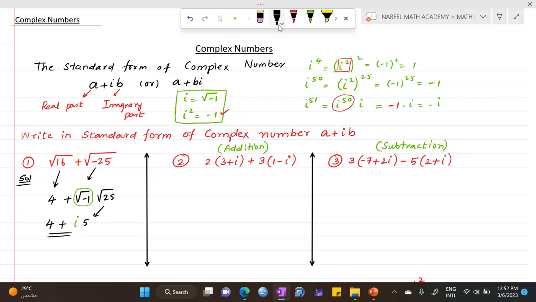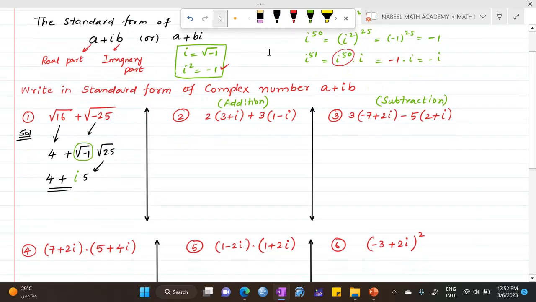Suppose the question is asking what is the real part of a complex number. Therefore, the real part is 4. The imaginary part of a complex number is 5, without i.